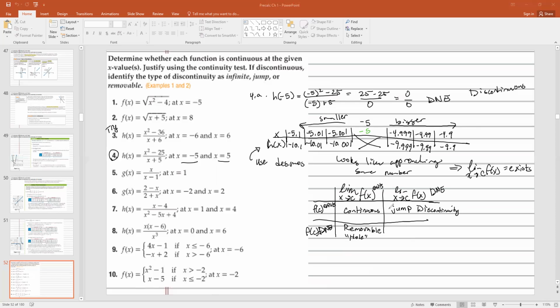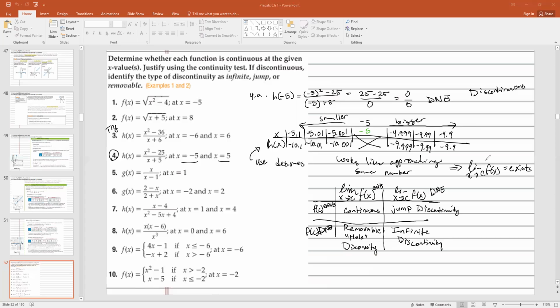And then the last one, if neither of them exist, this is an infinite discontinuity. This is a removable discontinuity also.